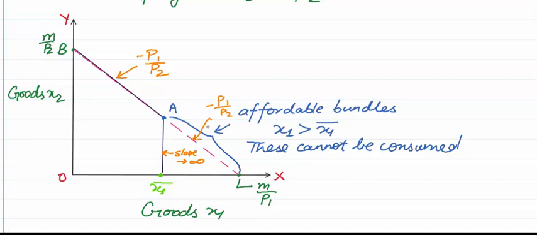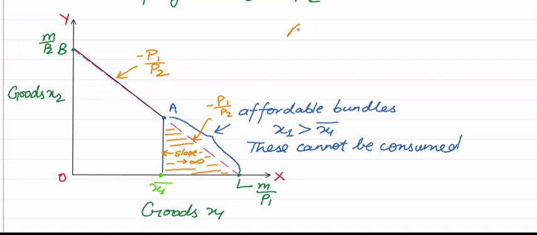So in this case, we can say that in spite of affordable bundles, the consumer cannot purchase the area under the triangle AX1 bar L.